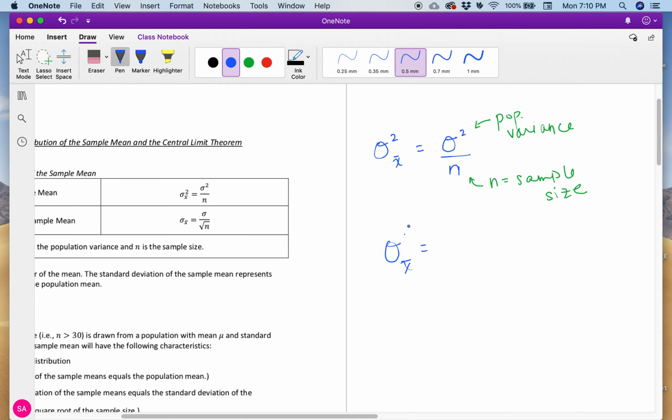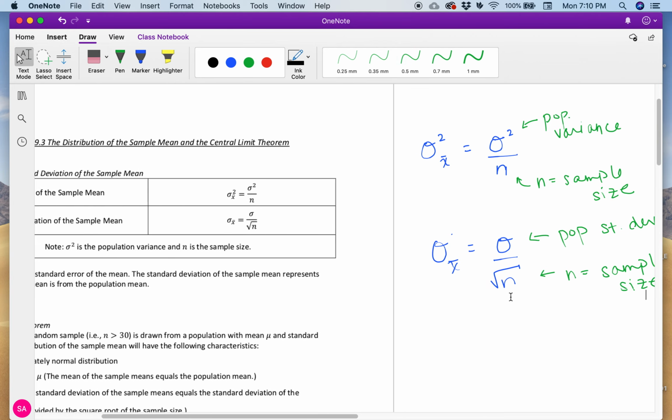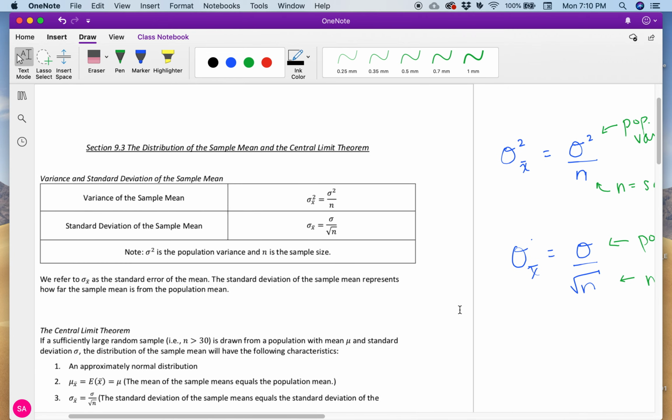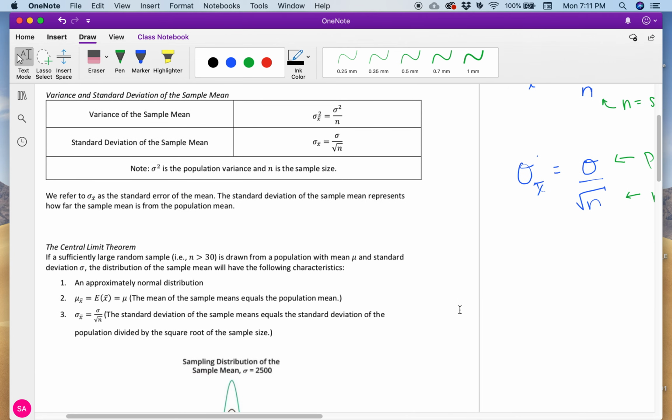Standard deviation is just the sigma, no squared. That is equal to the population standard deviation divided by the square root of n. So on top, we got the population standard deviation, and then on bottom, n still equals sample size. It's just we take a square root. All right, so that is how we can calculate the variance and standard deviation of the sample mean.